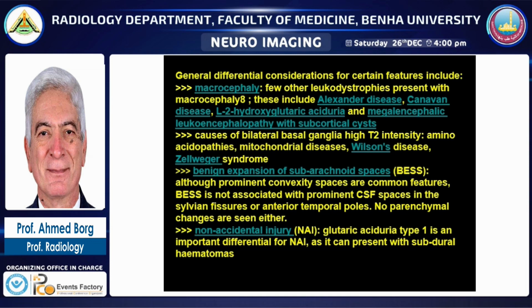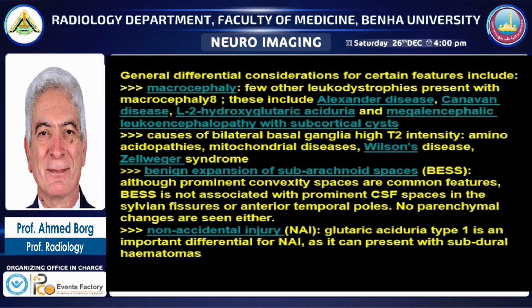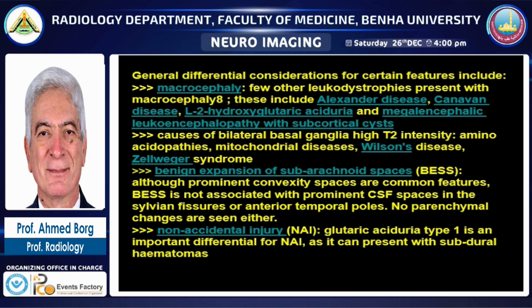Differential diagnosis in this case is benign enlarged subarachnoid space. It is the same, but the CSF space in the sylvian fissure and over the convexities is not enlarged, and also is not enlarged in the anterior temporal region.